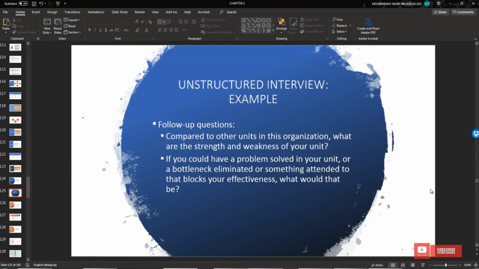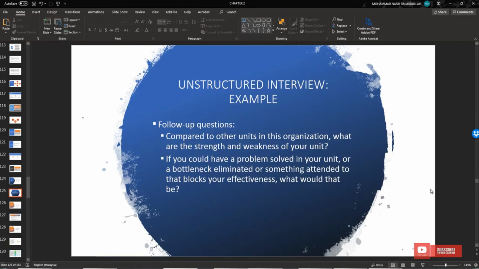Another example: sometimes if you do not receive much of the information that we require, we need to ask follow-up questions. Compared to other units in this organization, what are the strengths and the weaknesses of your unit? This is one example of a question.